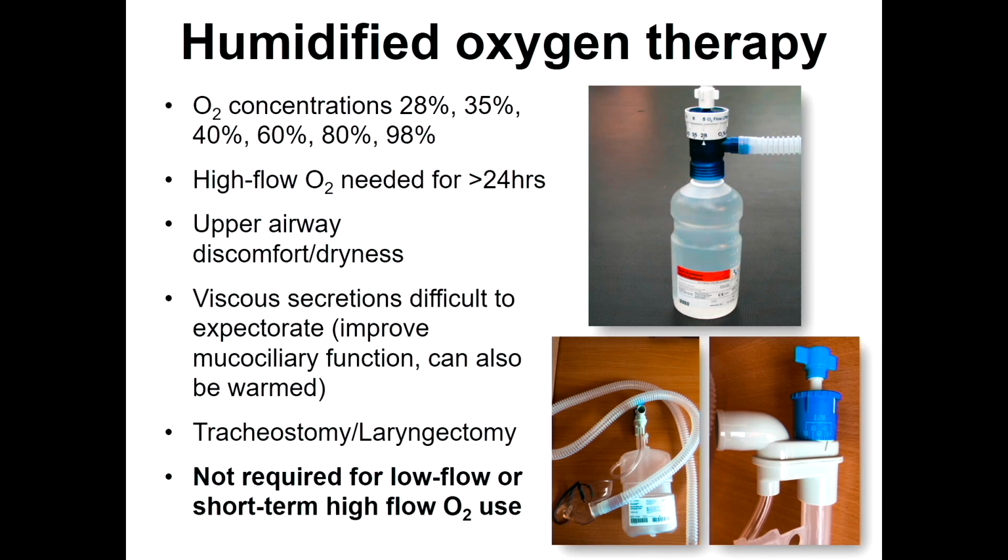The evidence behind humidified oxygen therapy is it can help to reduce upper airway dryness, and it can be more comfortable and better tolerated for patients, particularly individuals who have quite tenacious or viscous secretions, particularly if that's an underlying condition such as bronchiectasis, for example. Humidified oxygen therapy can play a role in comfort and helping that individual to expectorate their respiratory secretions or toilet their airways, as it is sometimes more commonly known.